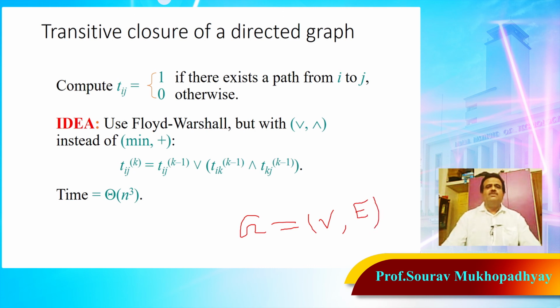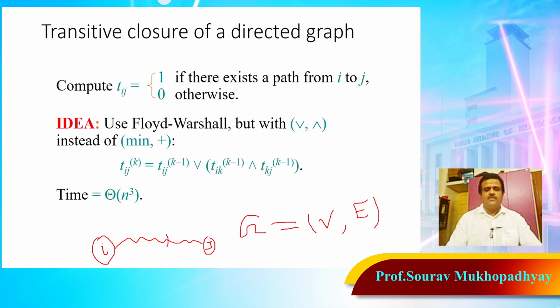Now, we know the transitive closure. Transitive closure means, suppose we have two vertices i and j. Now, the transitive closure of this is denoted by T_ij. T_ij will be 1 if there is a path from i to j, visiting some vertices, because this is a directed graph.